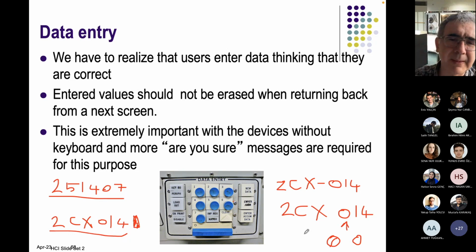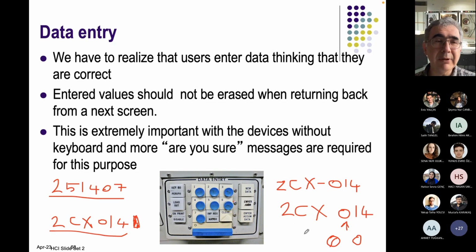Therefore, when you are sending a message, you may think that it is visible, but the recipient is using different fonts so that O and 0 look the same.